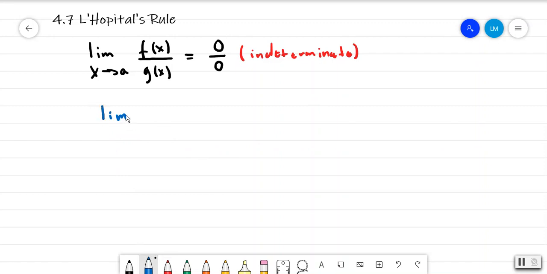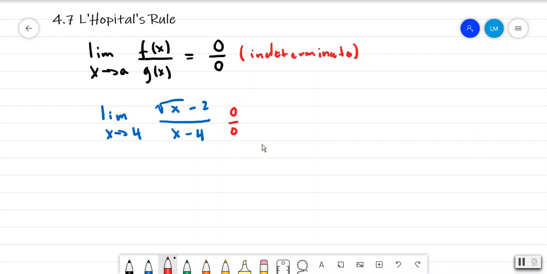One of the most classic ones is the limit as x approaches 4 of the square root of x minus 2, all divided by x minus 4. Yes, if you do plug in 4, you do get 0 over 0.